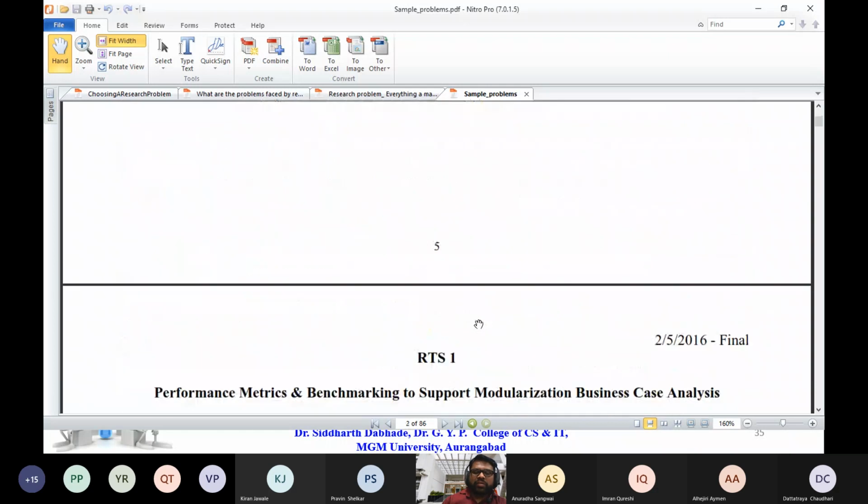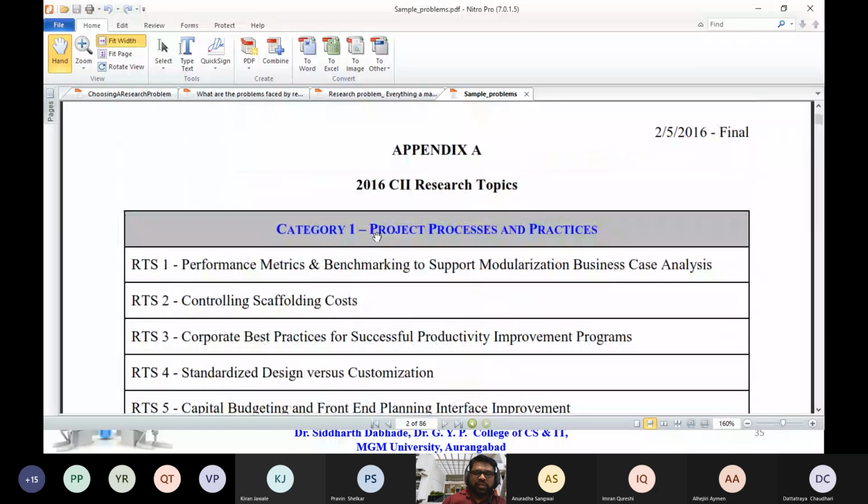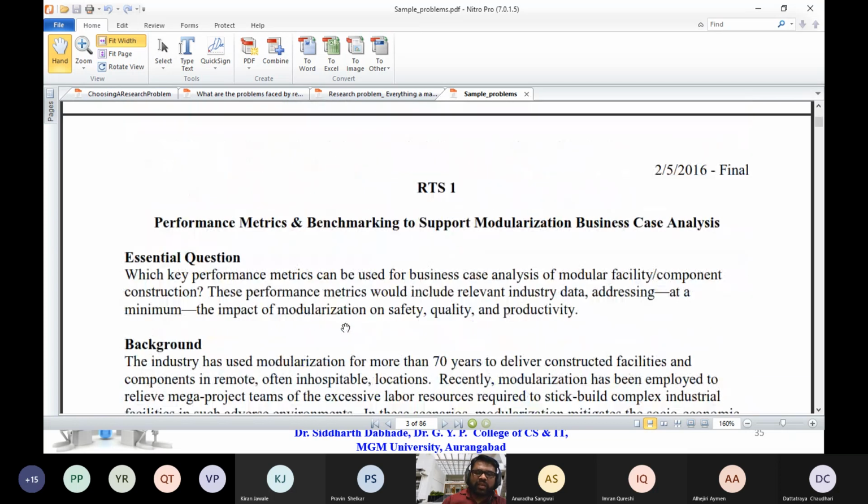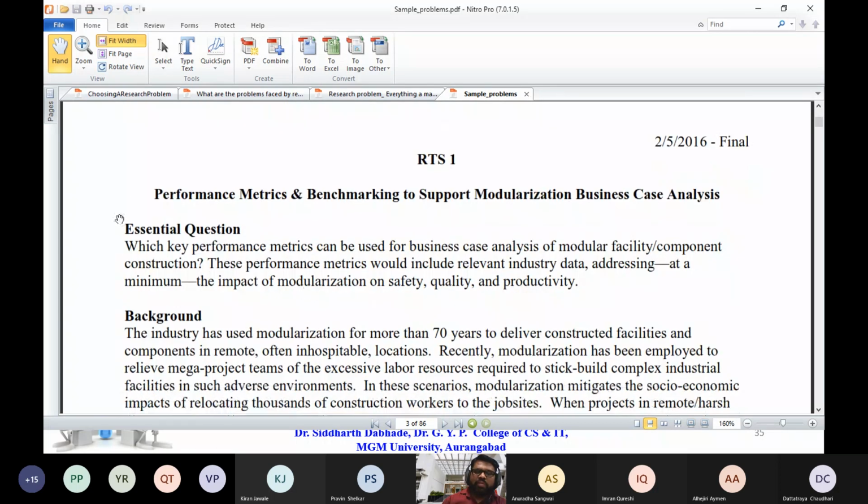If we take the first, project process and practices, the first point is performance metrics and benchmarking to support modularization, business case analysis, controlling scaffolding cost. Like this, so many things are there. They will tackle this problem in this manner.